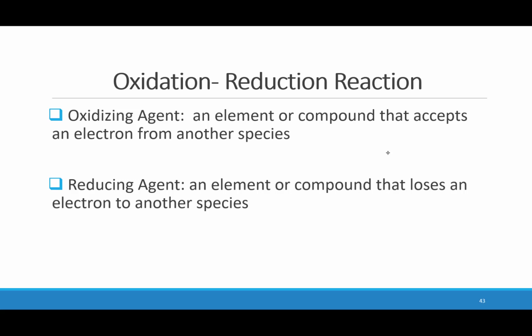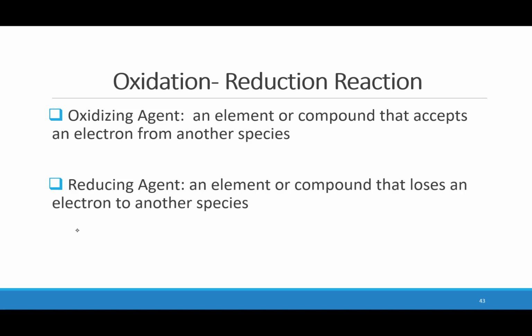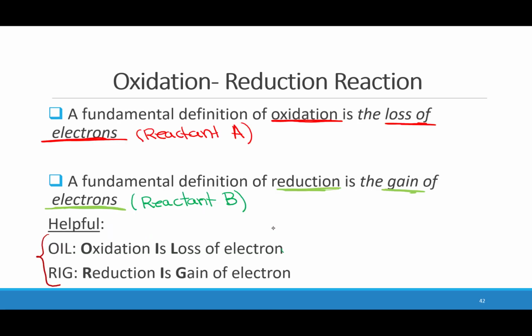Then what happens is that reactant A is becoming oxidized. A is oxidized. Once it's oxidized, that means losing the electron. It helps reactant B to get reduced, right?